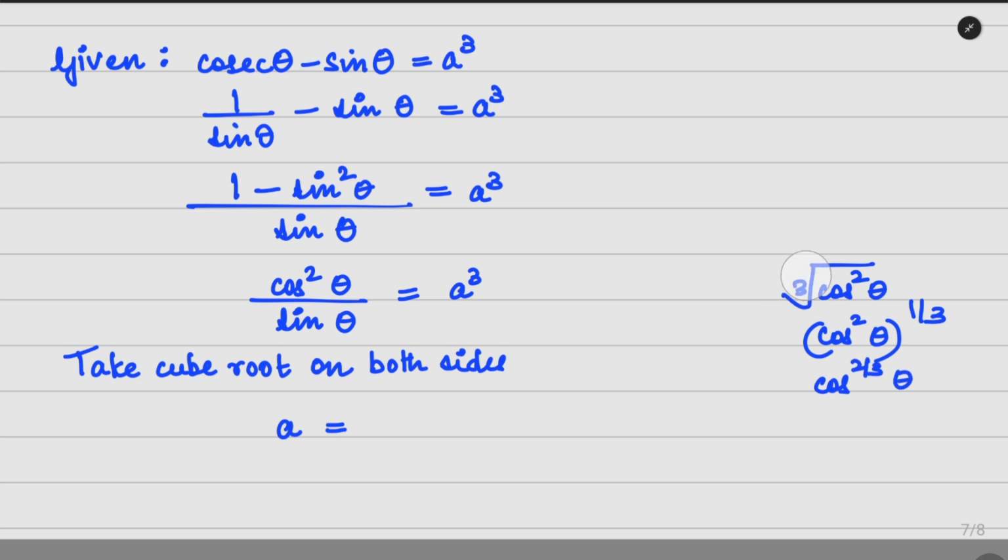This is raised to the power 1 by 3, and the powers get multiplied, so 2 by 3. So here you will have cos 2 by 3 theta divided by, the same way, sine 1 by 3 theta.